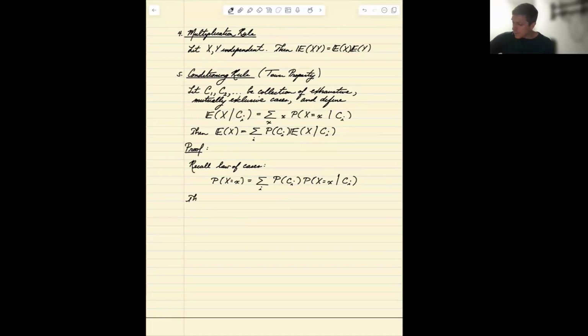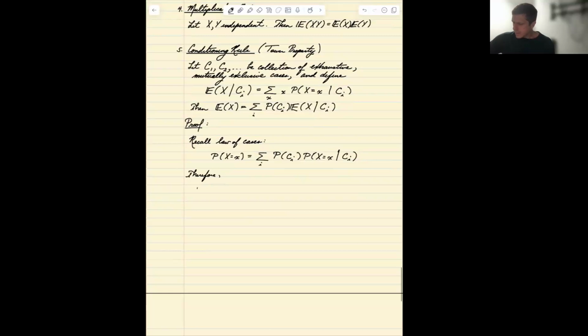Therefore, we can calculate the expectation of X as a sum. This is by definition, right? This is the definition of expectation.